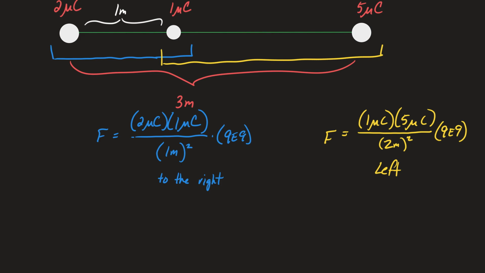And then I square it, and multiply by my 9 times 10 to the 9th, but again, repulsive force, so that's pushing these apart. That's left, right? Now, you will have to decide whether left is positive or right is positive and add these together to get the net force and direction. Does that make sense?